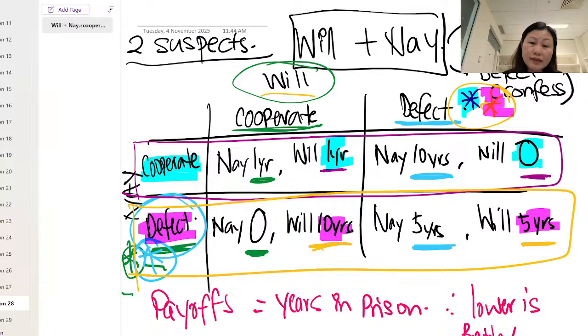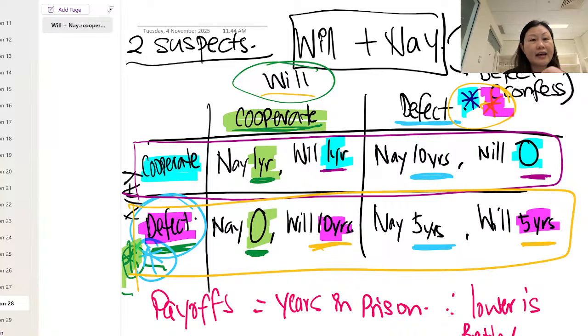Let's then look at isolating Will's decision. If Will cooperates and Nay cooperates, Nay will get 1 year in jail versus 0. 0 is better than 1 year in jail, so Nay will defect.